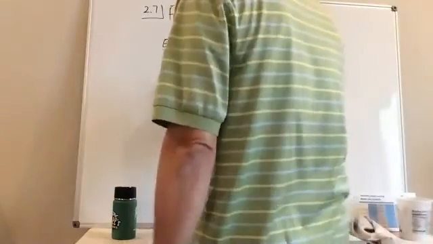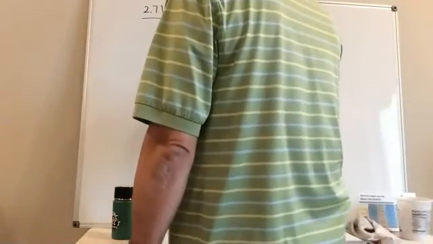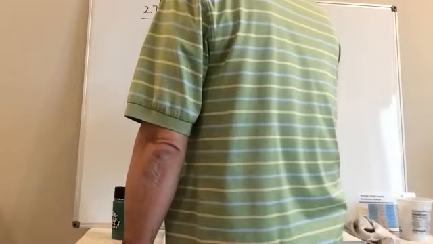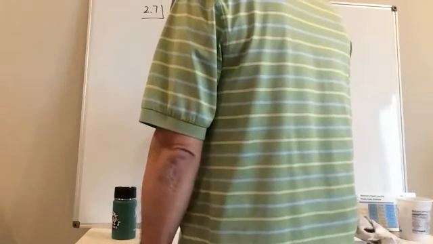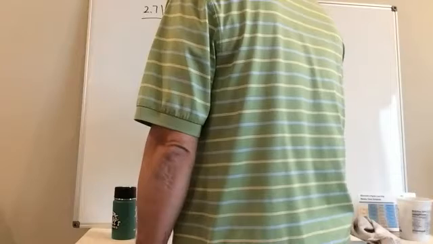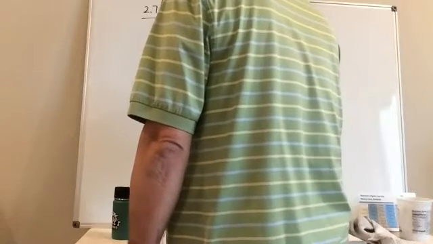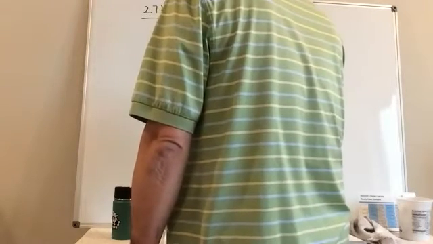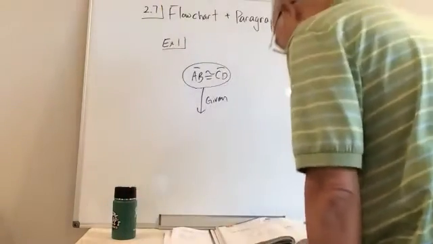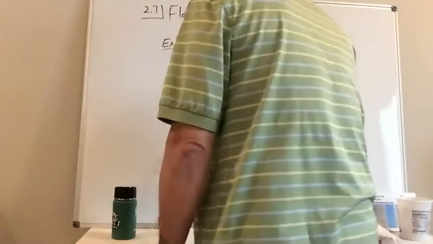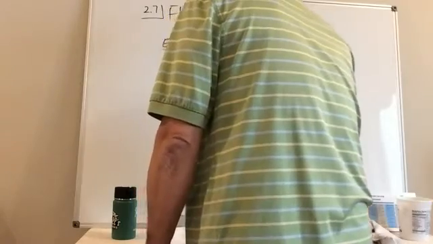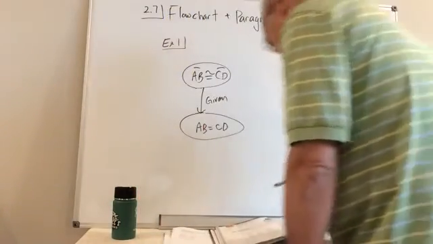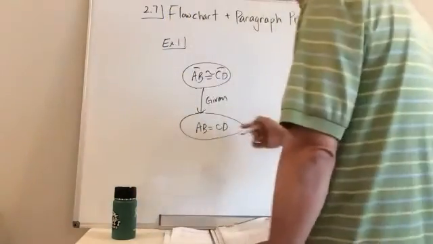In the first bubble, you have AB and CD are congruent, and this is what? Given, right? It goes down that way. If this is true, that means that AB and CD are the same length, and this is the definition of congruent segments.